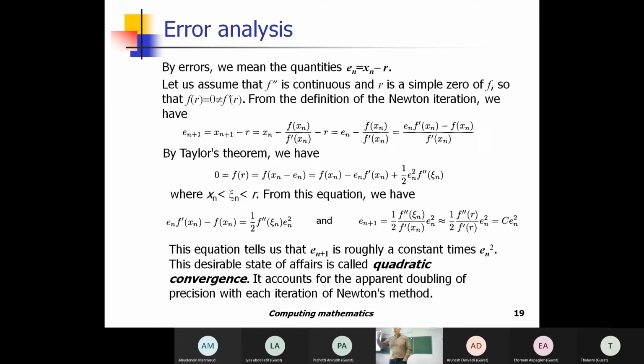What can you say about En plus 1 according to this formula? The constant equals 1 and En plus 1 equals En squared. En equals 0.1. Again, 0.1 squared. What is this value? 0.01. So En plus 1 equals 0.01. What can you say about En plus 2?